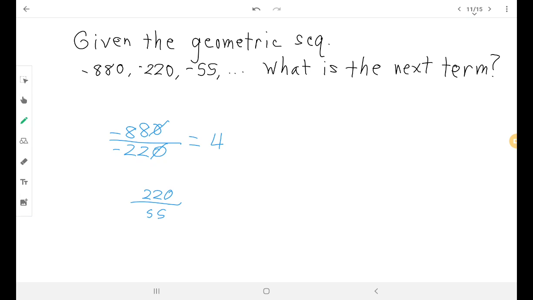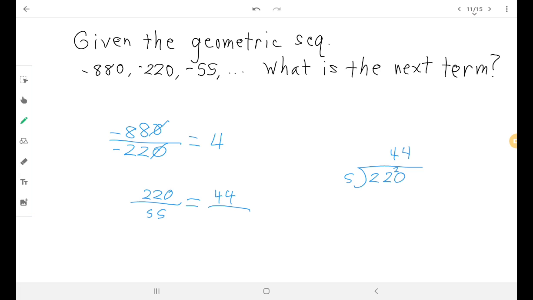Negative divided by negative is positive, so I won't put the negative again. But if you do that division again, you could reduce them by 5. That's pretty easy. 220 divided by 5 is 4, carry the 2 is 4, so it's 44.